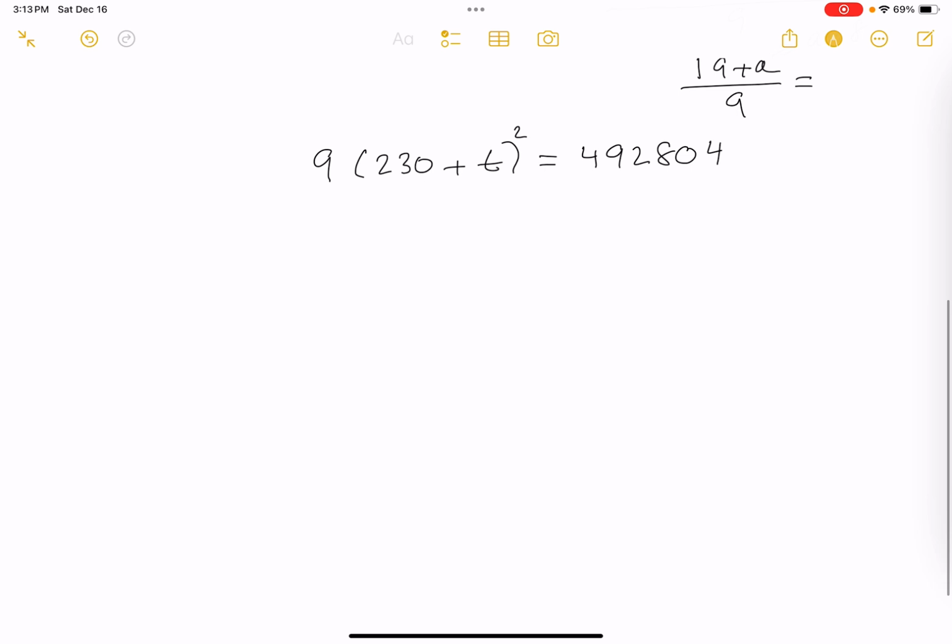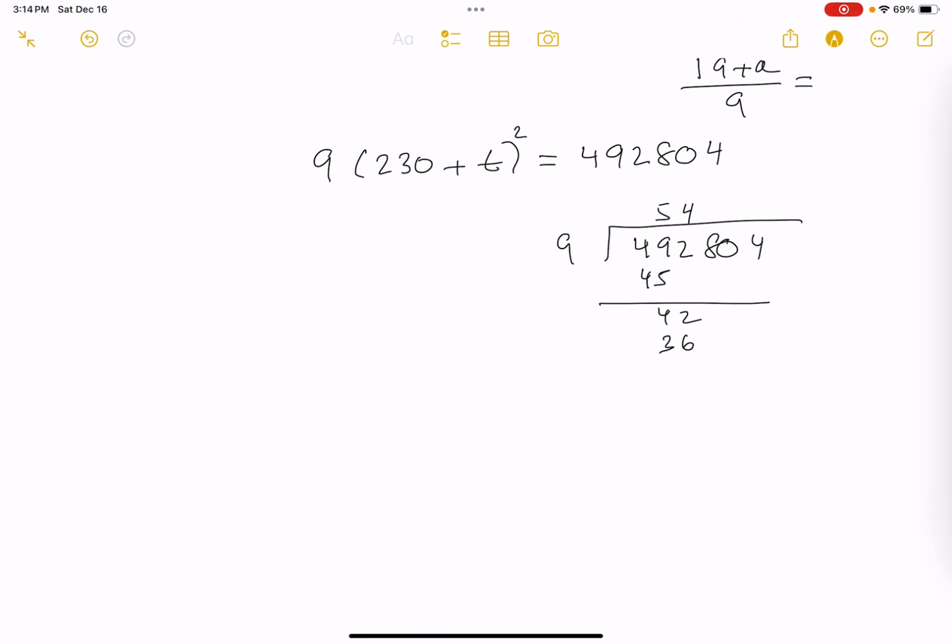Well, the first thing I would do is just divide both sides by 9. Let's go through that. So 9 goes into that number, 492,804. 9 goes into 49, 5 times, that would be 45. I get 42 now. 9 goes into 42, 4 times. That's going to be 36.